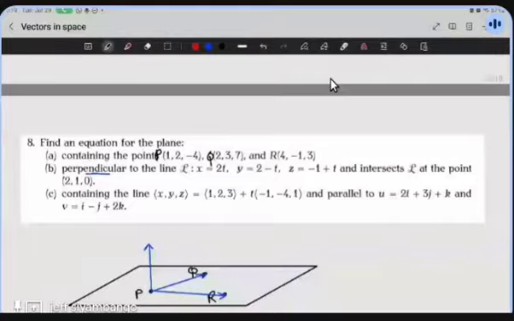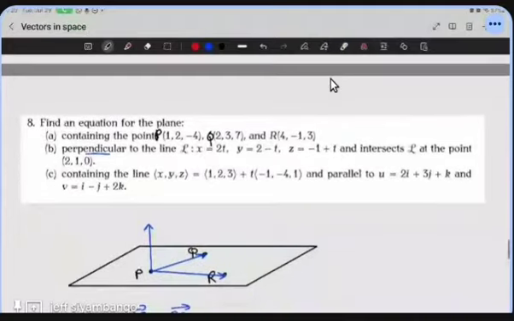So whatever the case, my attempt is always to just start. Things always work out as I go on. So let's see. Containing the line. So let's get this line.